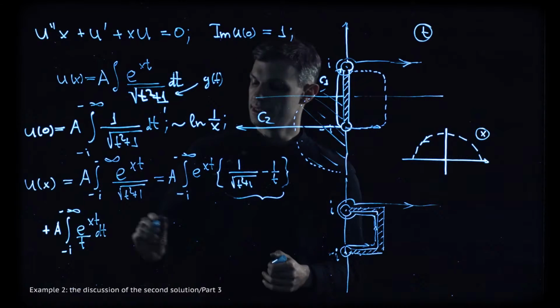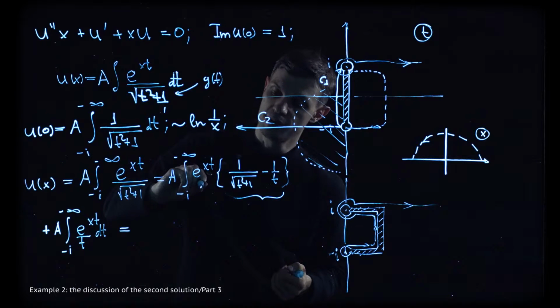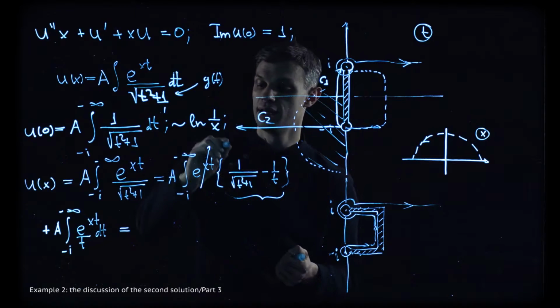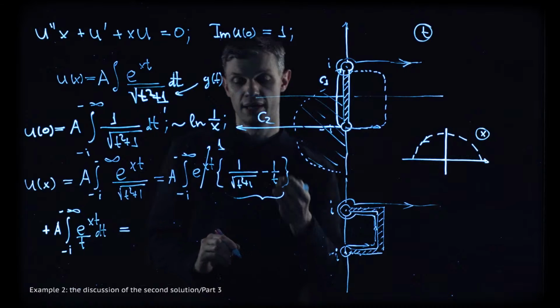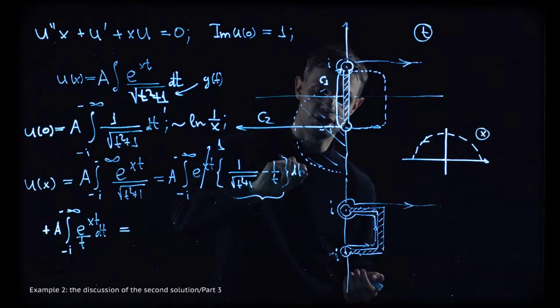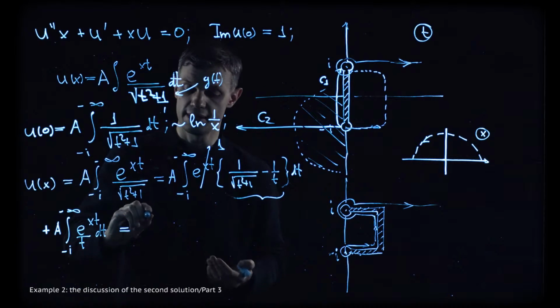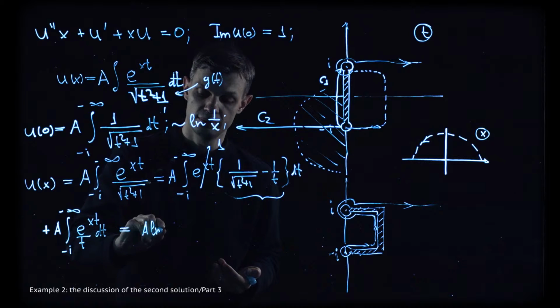Since we're interested in the behavior at small x, here we could safely put x equal to 0, and the whole exponential function becomes 1. And you basically perform this trivial integration. I'm not going to do this right now. It's just trivial, and the answer is the logarithm of 2.